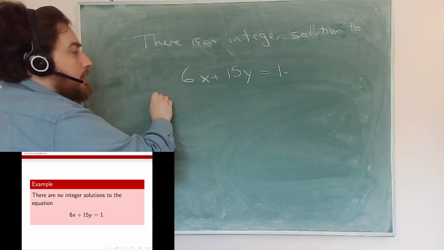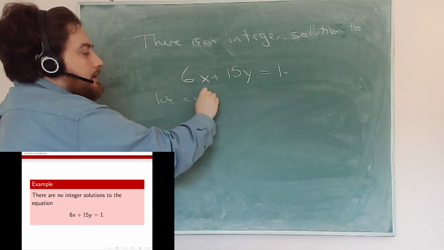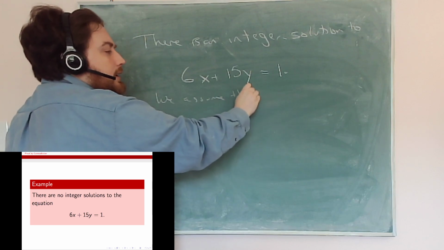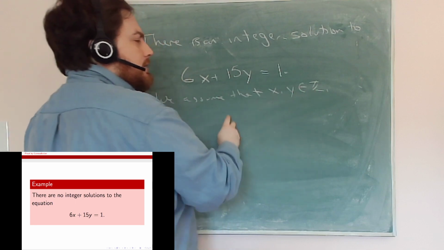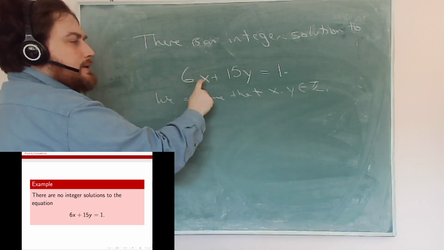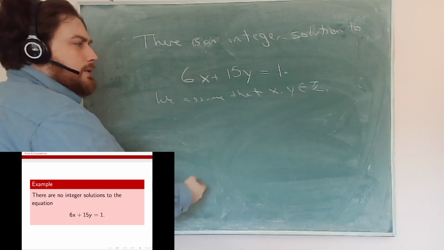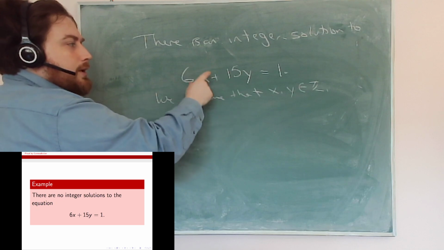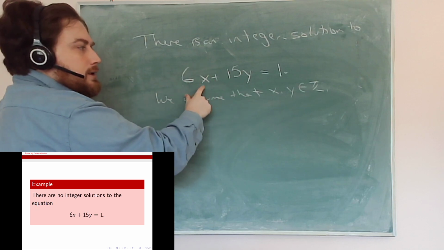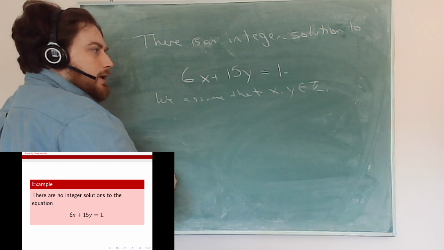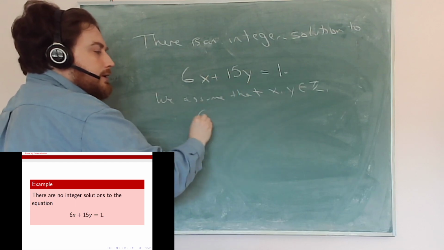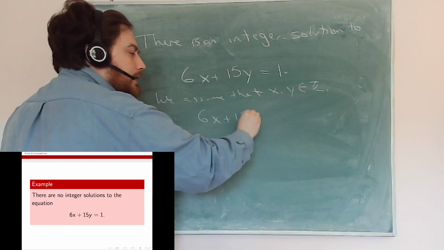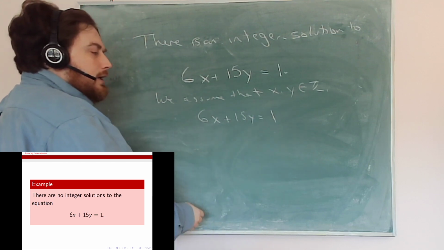So we assume here that x and y are integers, so there is an integer solution. There exists an x and y such that 6x plus 15y is equal to 1. So we're going to assume that we have an x, so 6x, and we have a y, 15y, such that 6x plus 15y is equal to 1, where these are both integers. So that means that 6x plus 15y is equal to 1.